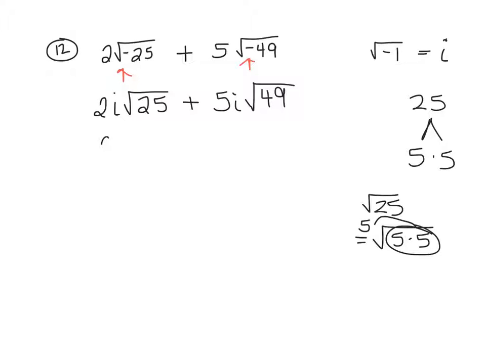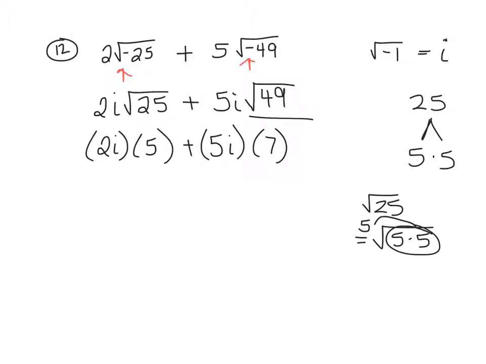So I'm going to multiply 2i by 5. The square root of 49 is 7, because 7 times 7 is 49. So I'm going to multiply 5i by 7.